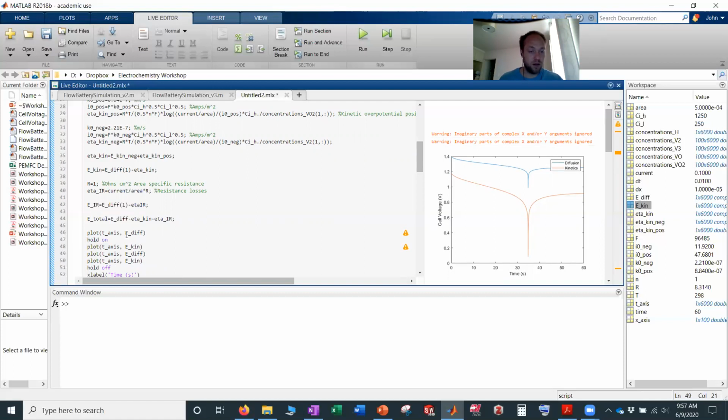So we have E diffusion, we have kinetics, we have E IR, and then we're going to do the total voltage, E total. So let's run this.